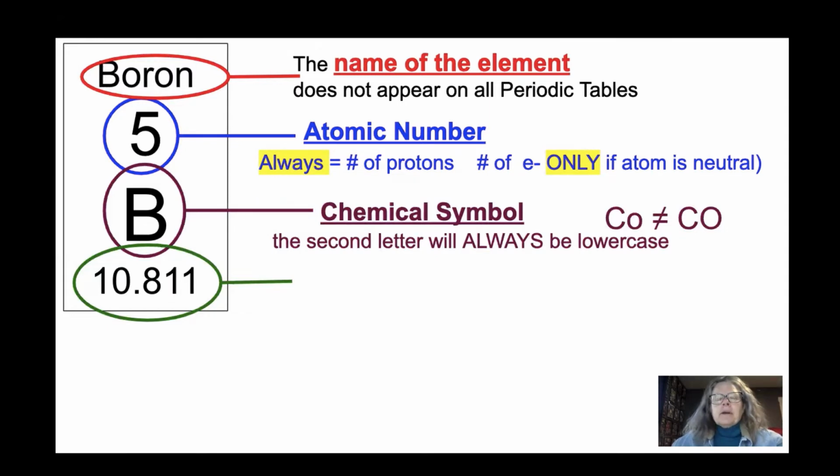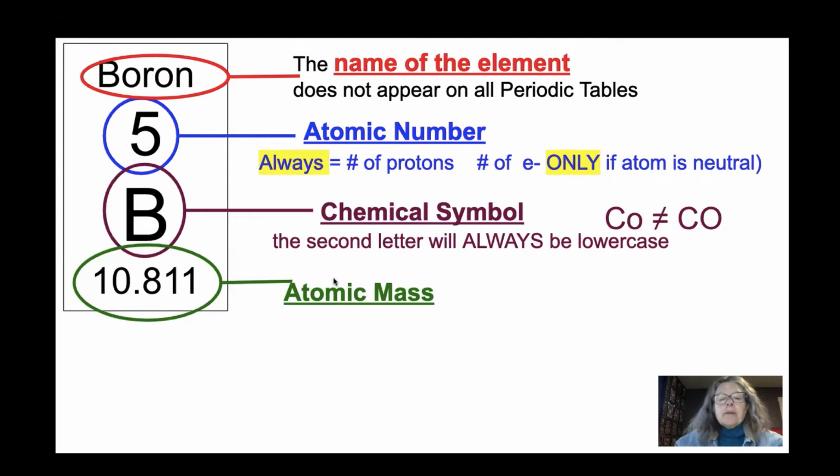Okay, so that's that. Then down at the bottom, you have this other number that's always a decimal, always. If you go up to some of the man-made elements, it's not a decimal, but we're not concerned with those at all at this point. And this is called the atomic mass. Now, the thing that I want you to notice is that atomic number starts with the word atomic, and atomic mass starts with the word atomic, and both of these show up on the periodic table.